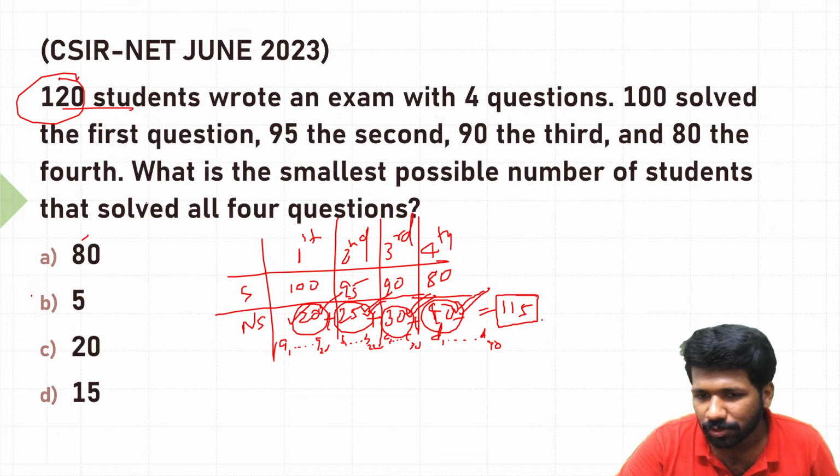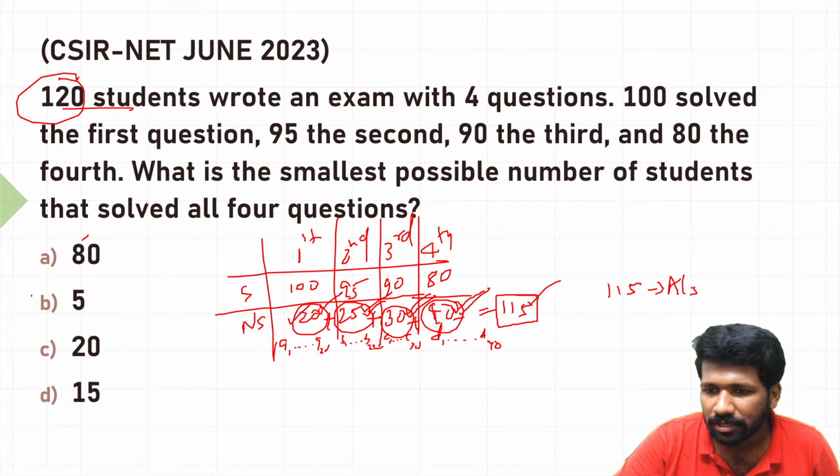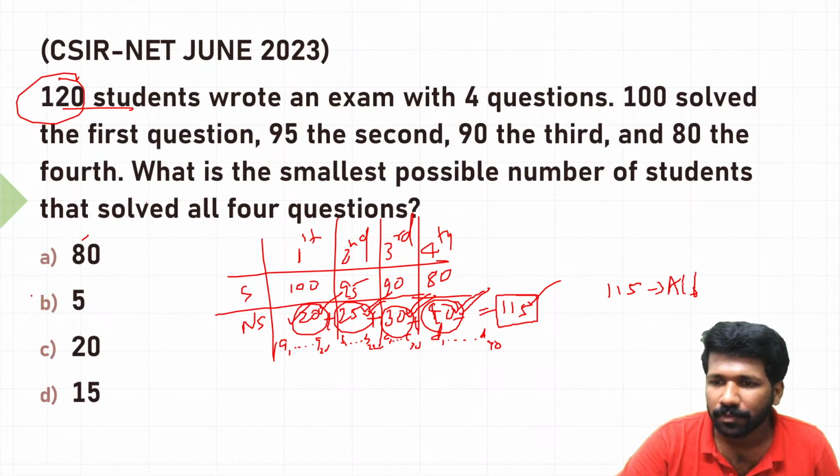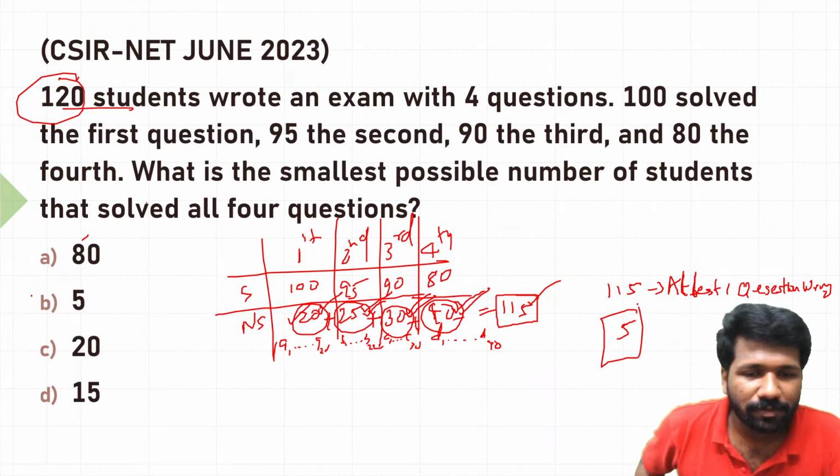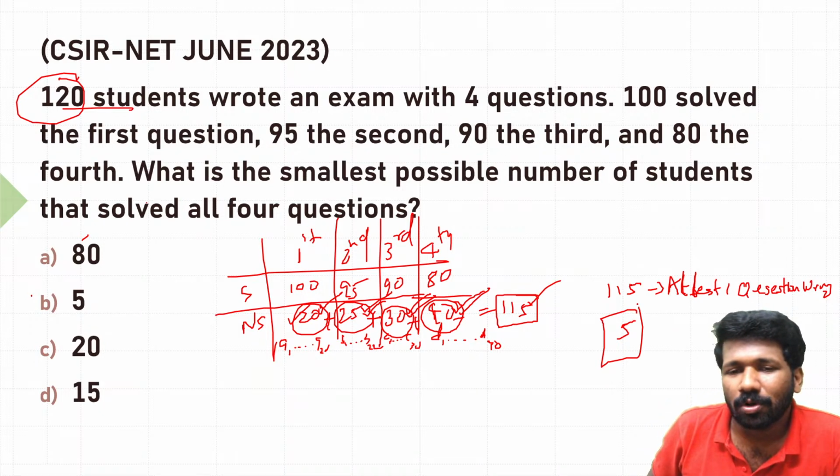Out of 120 students, 115 students failed at least one question. That means the remaining five students are what kind of students? They are the students who solved all 4 questions.